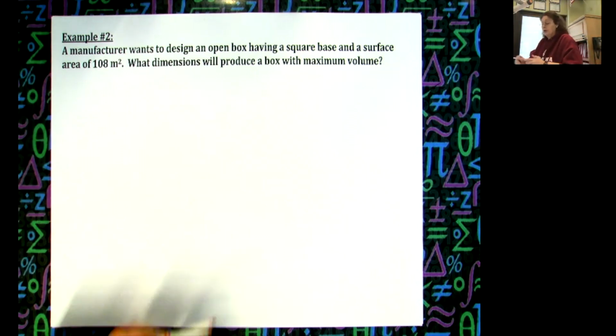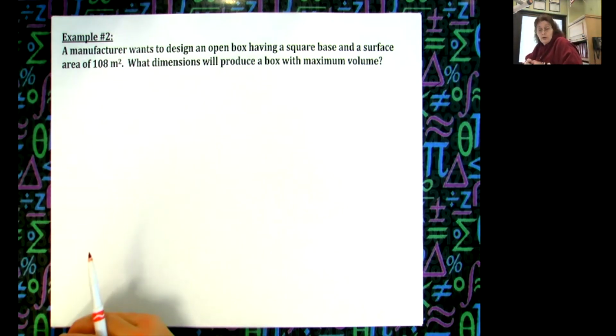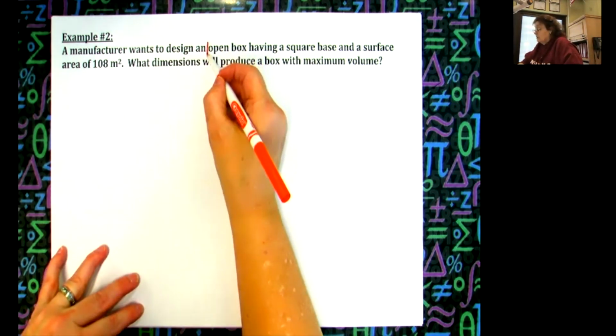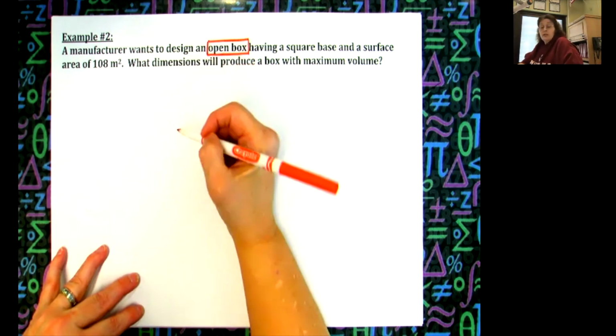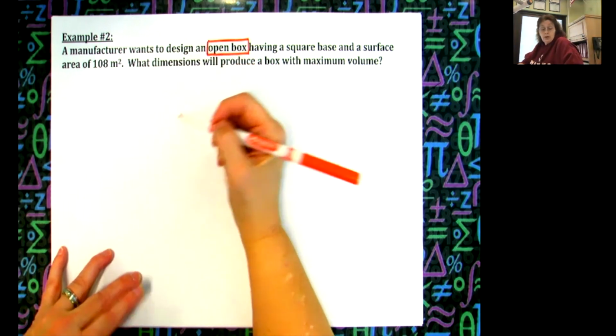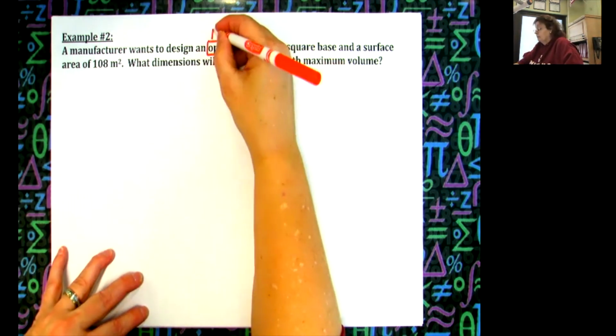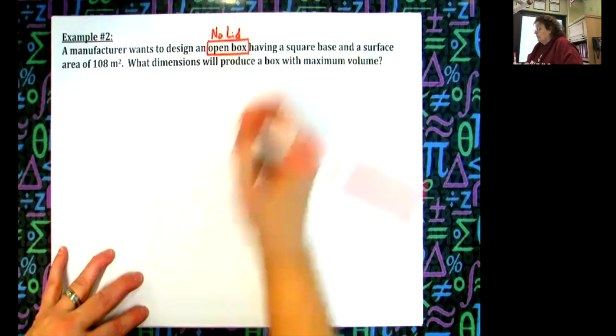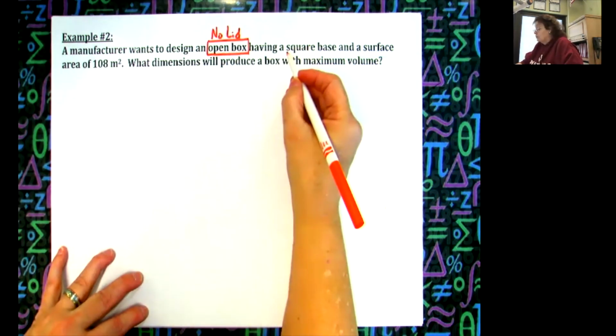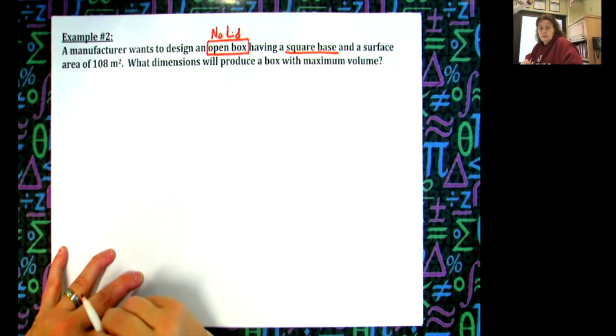Let's see. Important things in this. The manufacturer wants to design an open box. Open box basically means no lid. No lid. Having a square base.